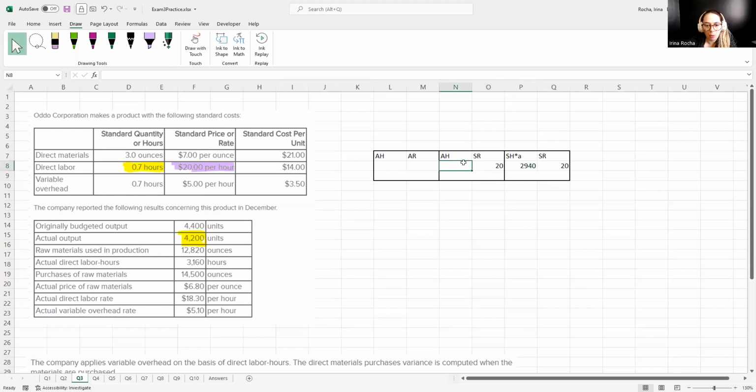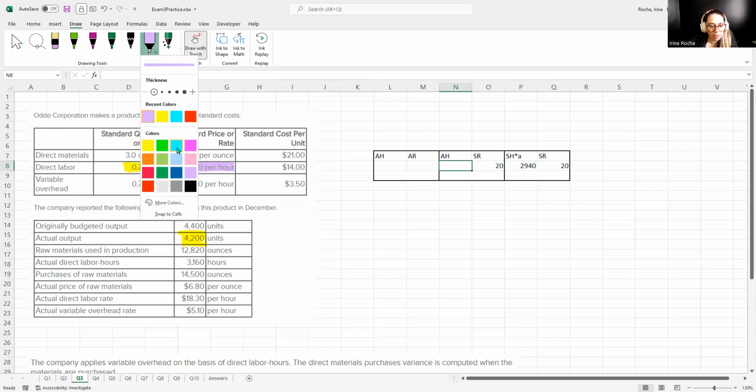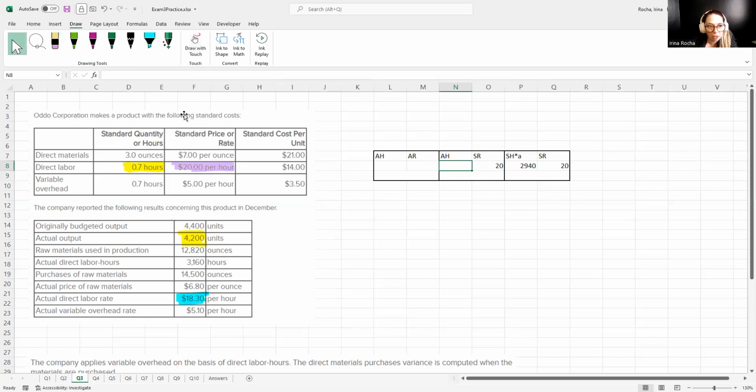Now, how many hours did I actually use? Oh, actually, we found another information here first. We have the actual direct labor rate. How much did I actually pay my employees? Only $18.30. That's a piece of information that I need.